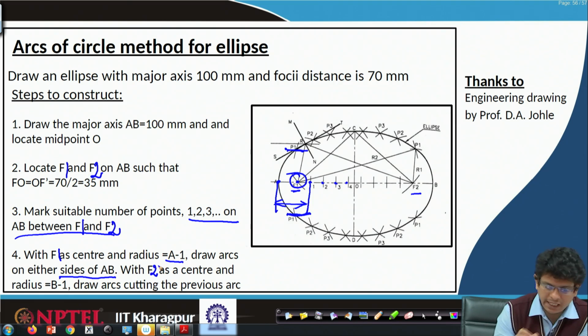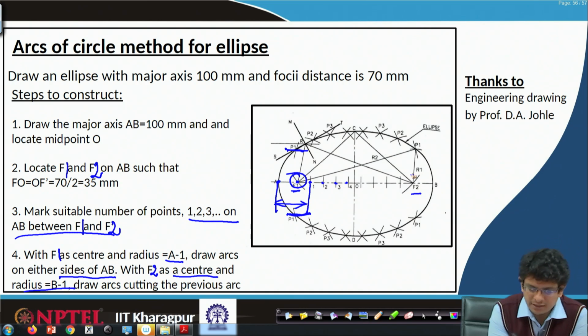Now, with focus F2 as center and radius B1, so B is here, B1 is that. With B to 1 distance, but center F2, make an arc in this direction. Similarly, make it on that side.